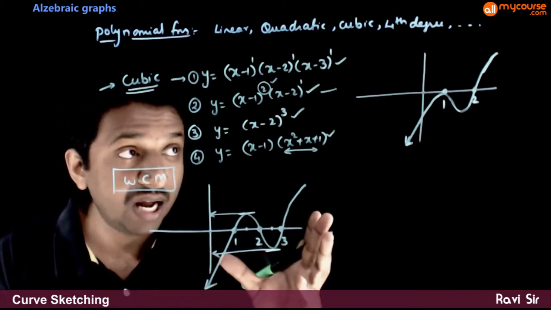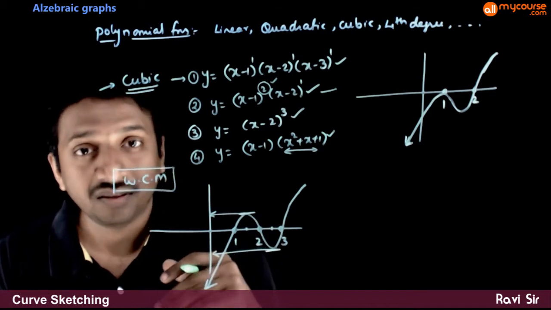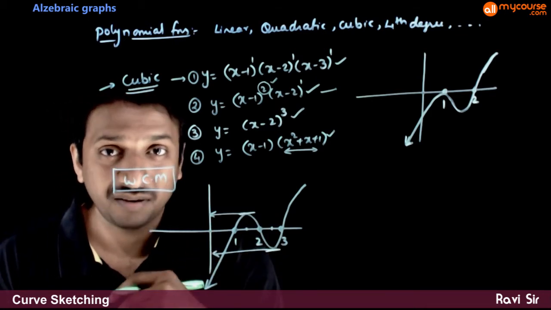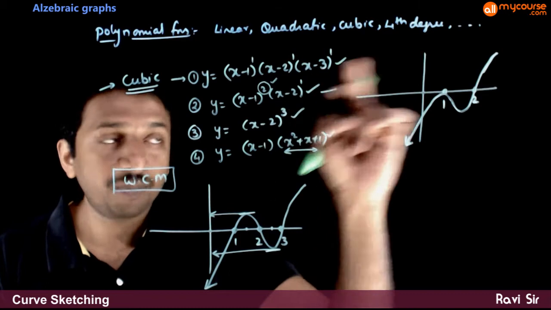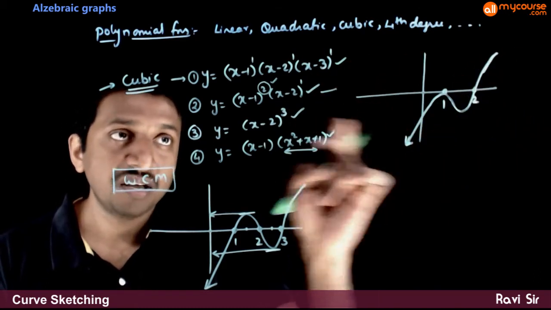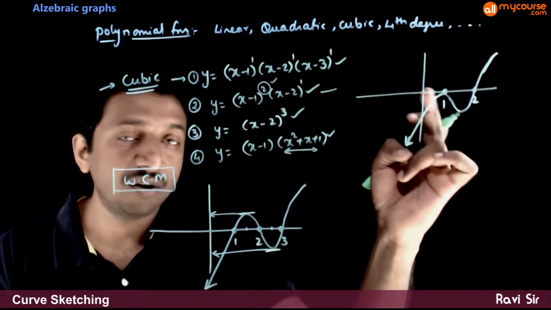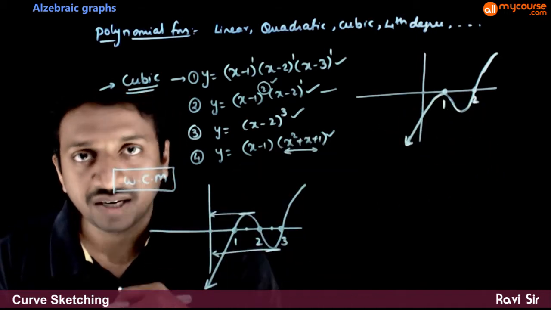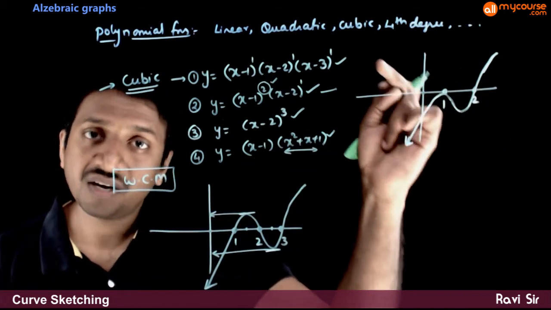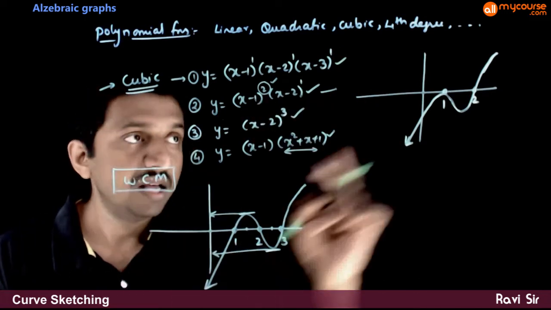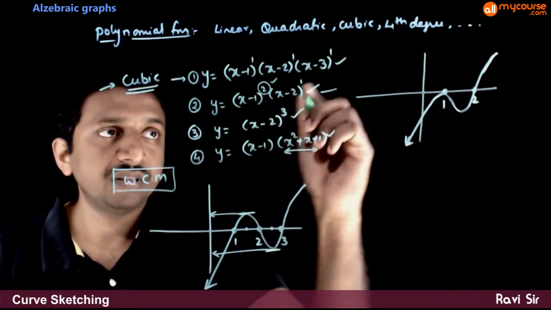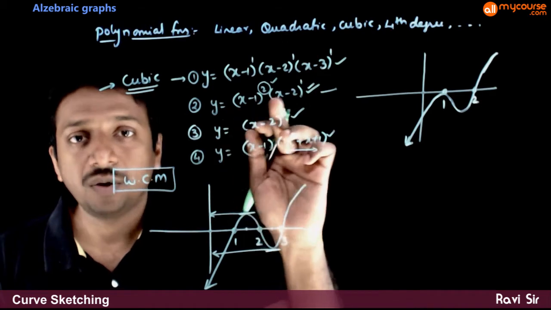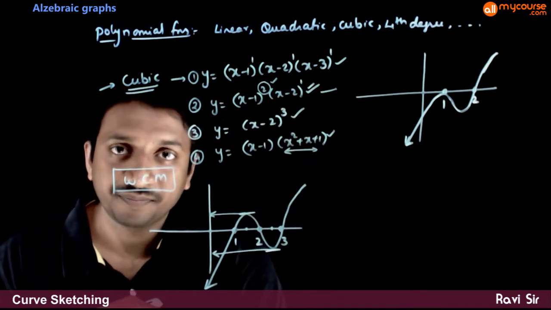If you have doubts in this, just go and refer to the topic of wavy curve method. Whenever you have an odd power, the sign of the graph changes. Whenever you have an even power, the sign of the graph does not change. That is, if it comes from negative, it goes back to negative. If it comes from positive, it goes back to positive. So this is how the graph of x minus 1 whole square into x minus 2 looks like.